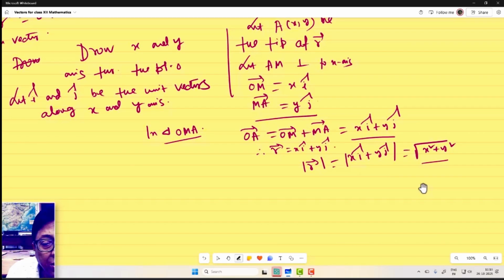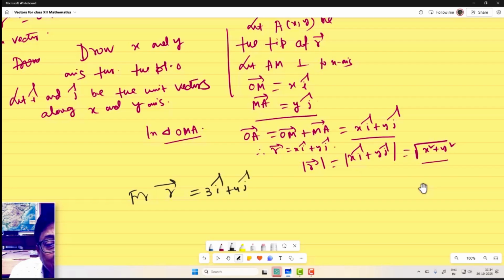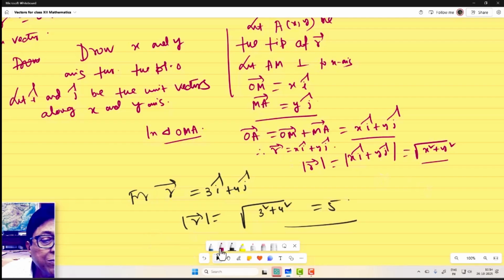For example, if we have taken r equal to 3i plus 4j, origin is the tail, (3, 4) is the tip, and mod r is going to be what? Root over 3 square plus 4 square is equal to 5. Clear?